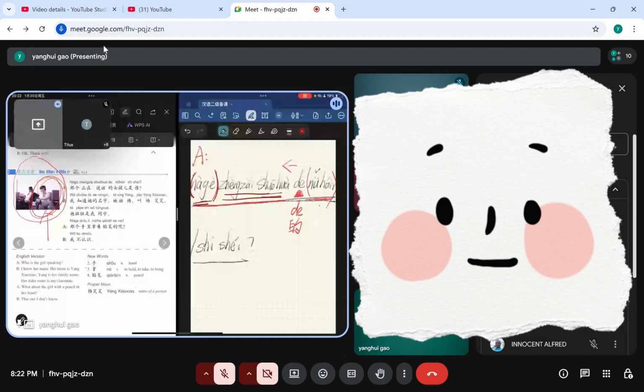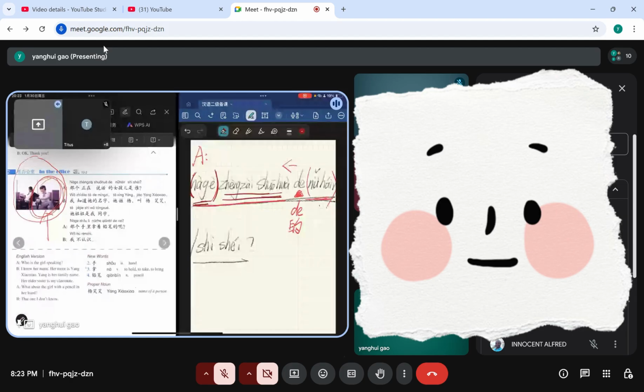And we know which one it is. So we use 那个, so it points to a direction and the distance is a bit far. We use 那个 because the girl maybe is far away from the speaker. So when you say this sentence, we know which girl you're talking about.